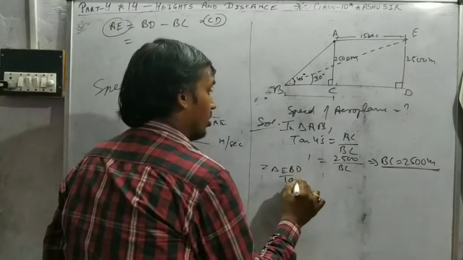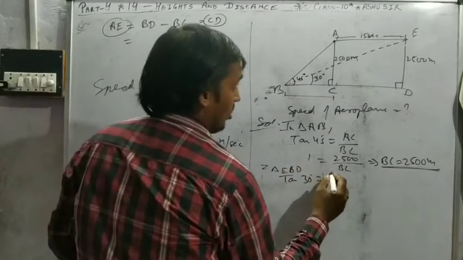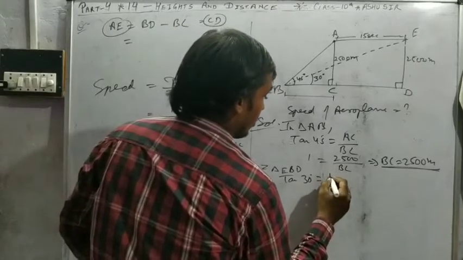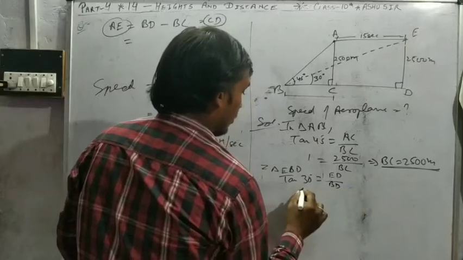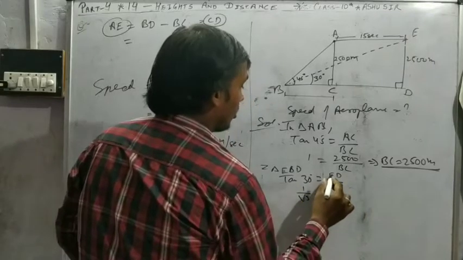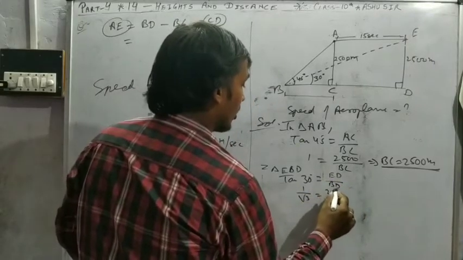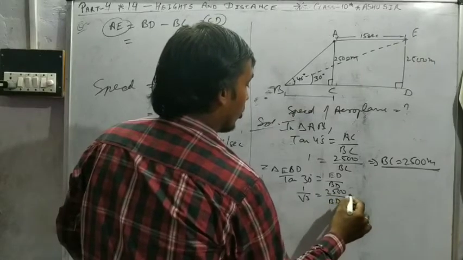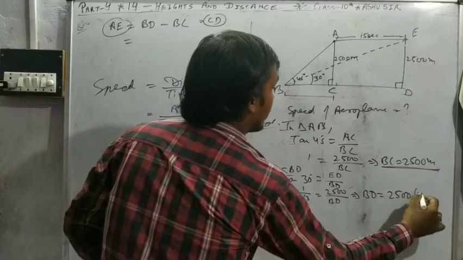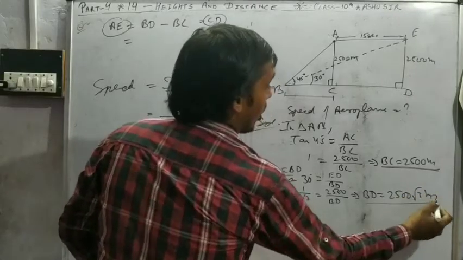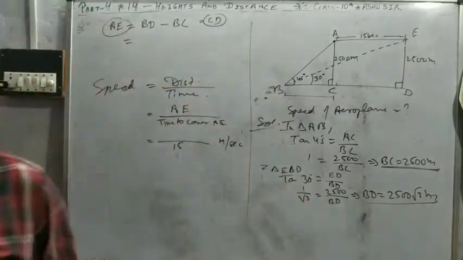EBD: tan 30 degree is perpendicular ED upon base BD, 1 by root 3 equals ED value 2500 upon BD, which is not given. So BD is equal to 2500 root 3 meter. I hope you understand how we find the value of BD.